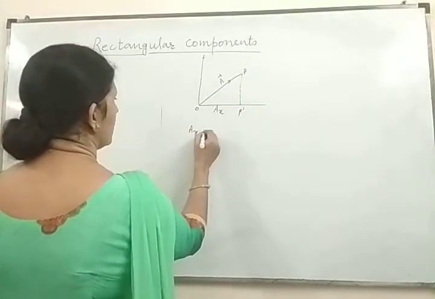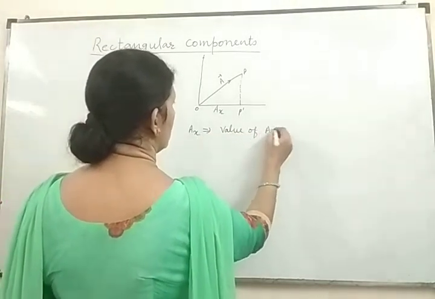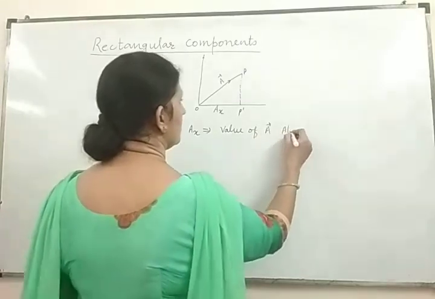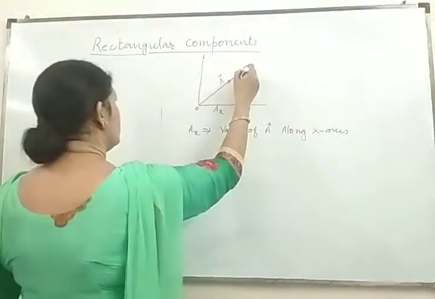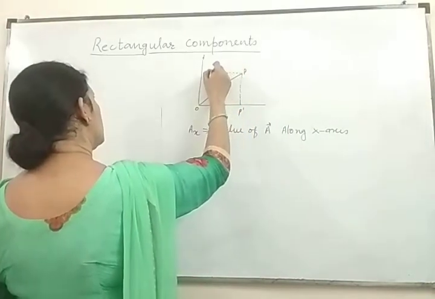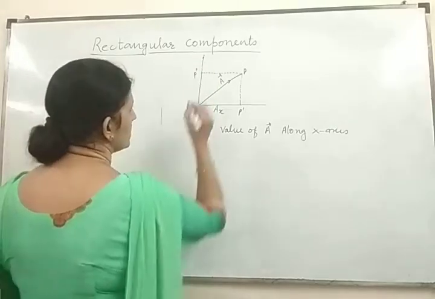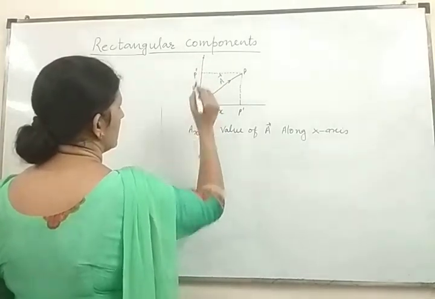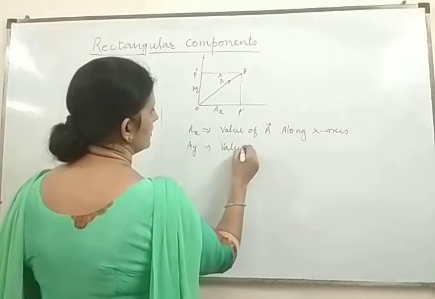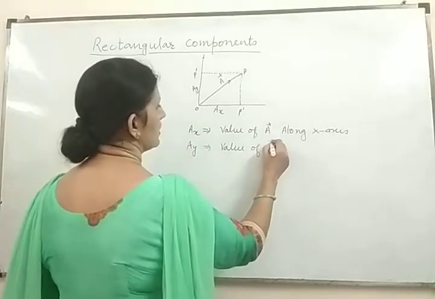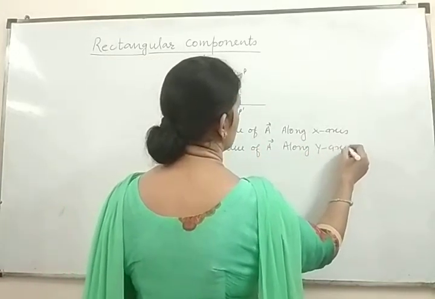So what is AX? AX is the value of vector A along the x-axis. Draw the perpendicular on the y-axis also. Suppose this is P dash and this value is AY. Here AY is the value of vector A along the y-axis.